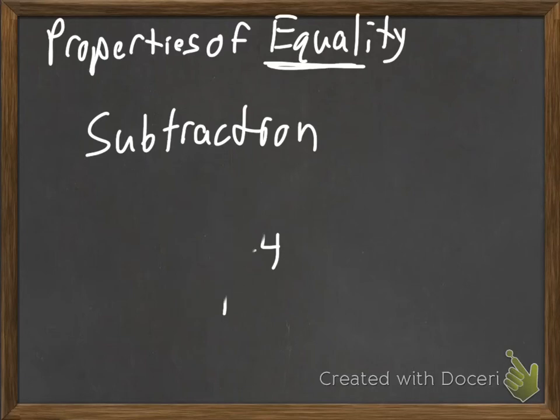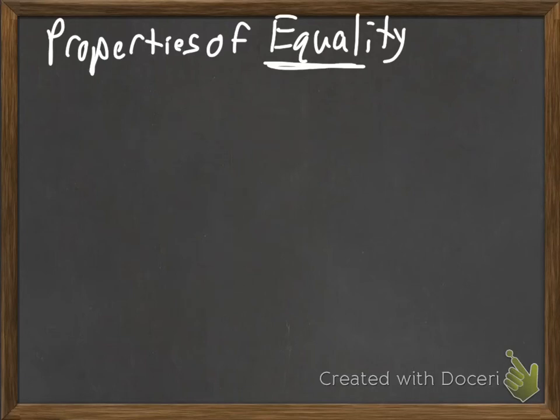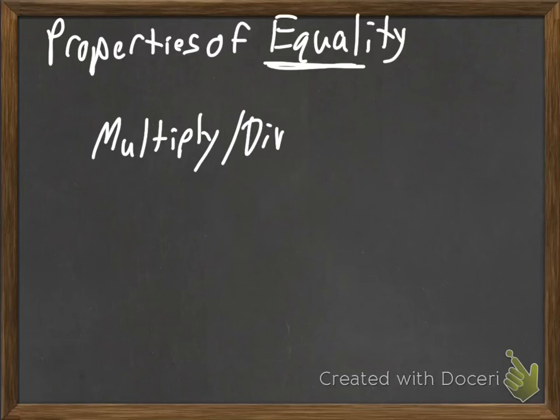The third property of equality is multiplication. And then the fourth is division. And they both work exactly the same way as addition and subtraction.